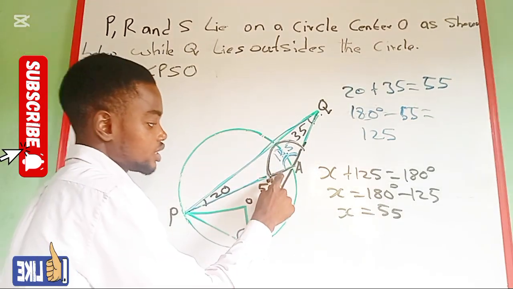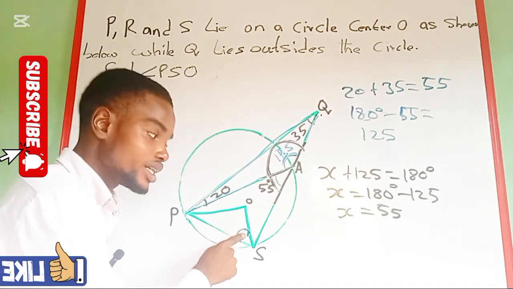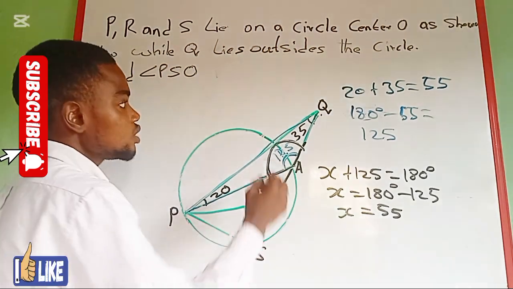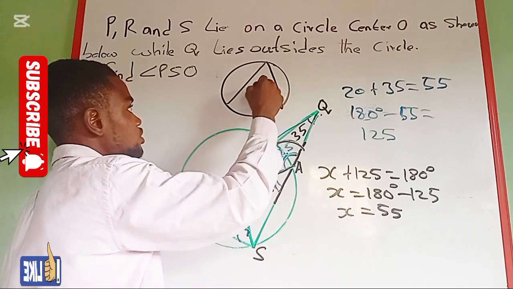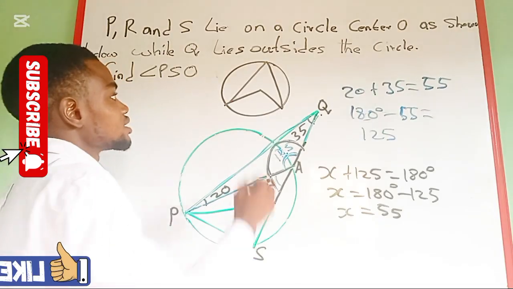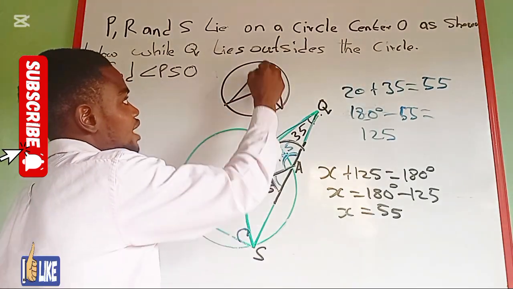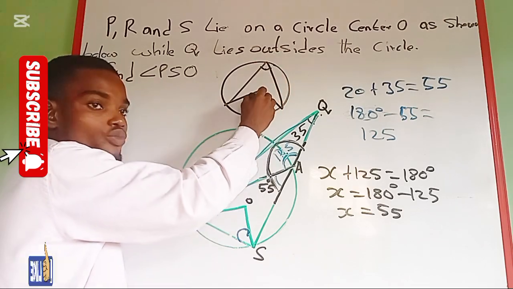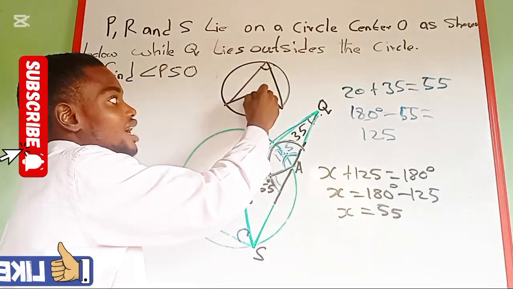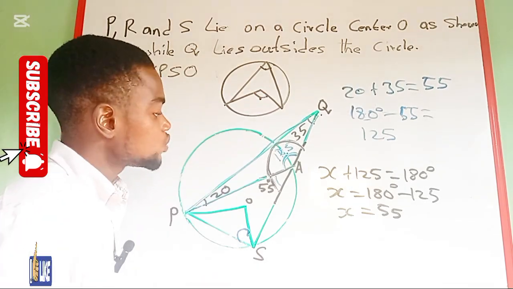Now, if you have gotten this to be 55 degrees, remember we are finding this angle. If you remember the first theorem on a circle, it says that the angle at the center is twice the angle at the circumference, and the angle at the circumference is half the angle at the center. So what do we need here?